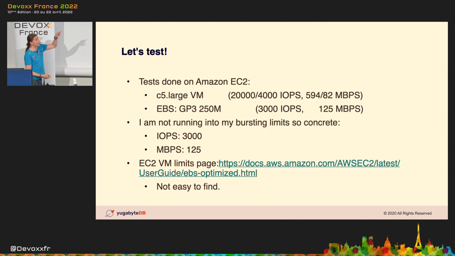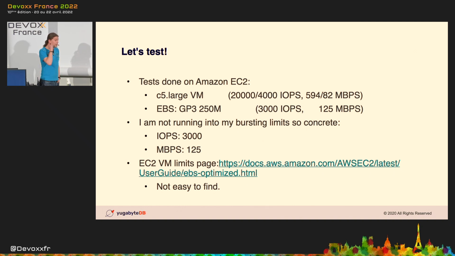But it's not only disks which are limited, it's also your virtual machine. Smaller virtual machines have bursting limits. The burst limit is 20,000 IOs per second on my C5 large virtual machine.